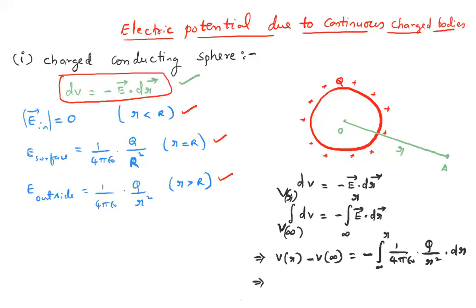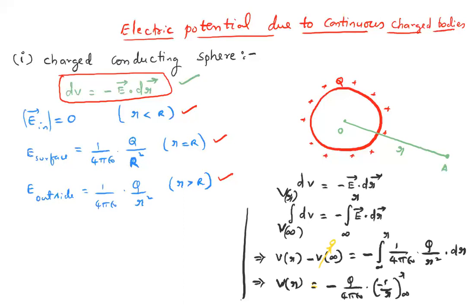Then we will get V of r, where we are assuming the potential at infinity is 0, equal to minus Q by 4 pi epsilon naught, which is constant, and the integration of 1 by r square is minus 1 by r, from infinity to r.